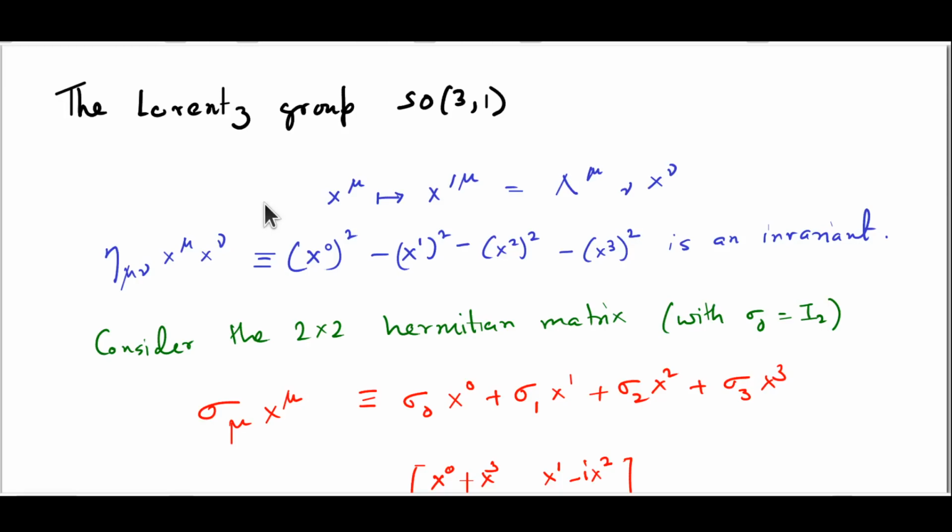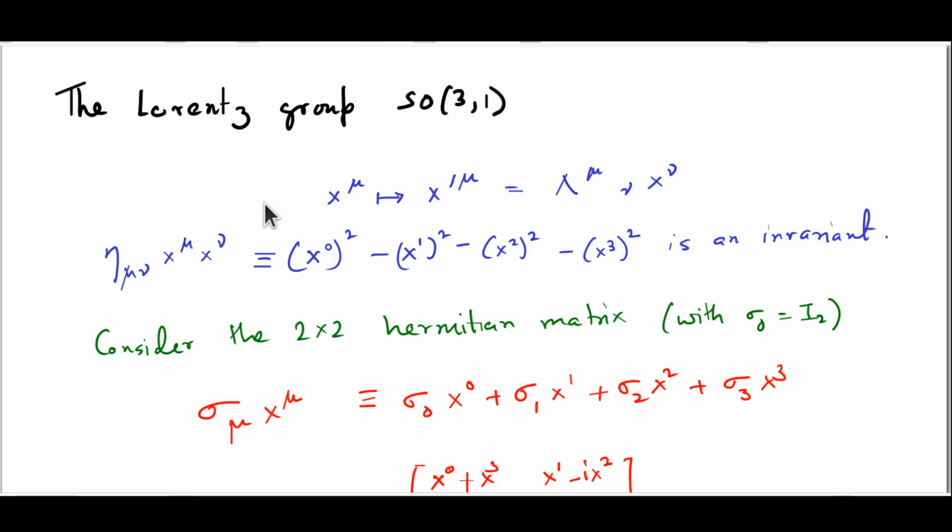So this is very similar to SO(3) in the sense, in SO(3) it's x1 squared plus x2 squared plus x3 squared which is invariant. Here, the invariance is of a similar quantity, but out of the four squares, one comes with a positive sign and three with a negative sign. So that's the 3,1 in SO(3,1).